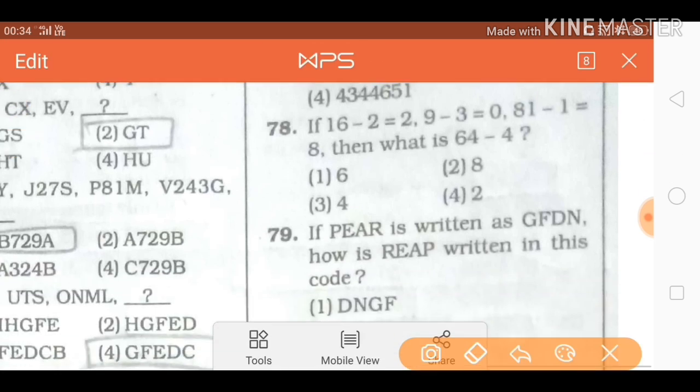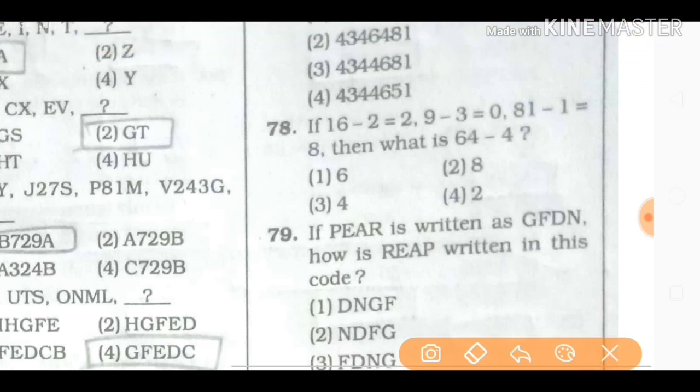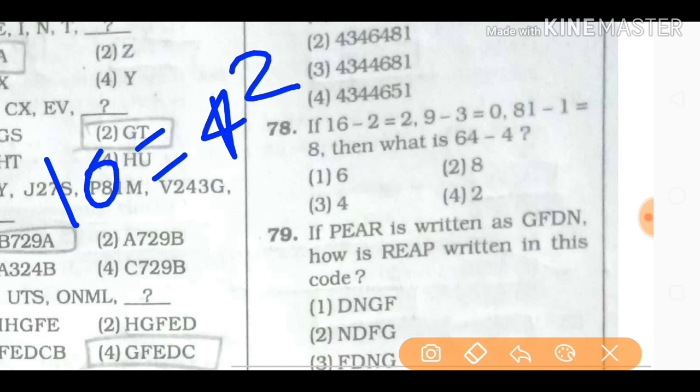The next one is 16 minus 2 is equal to 2. 9 minus 3 is equal to 0. 81 minus 1 is equal to 8. How will it happen? Well guys, you can see 16 is what? 4 square, right?